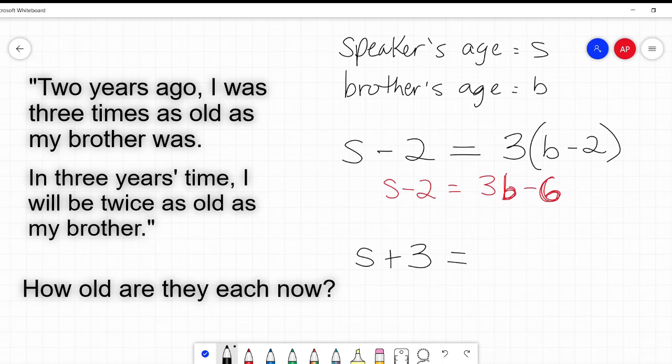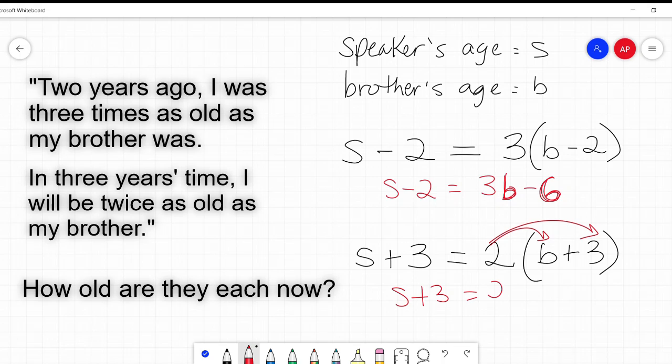In 3 years' time, I will be twice as old as my brother, 2 times as old as the brother. Again, is this B for the brother's age? Nope. We're talking about 3 years from now, so B plus 3. I'm going to distribute again, and I get S plus 3 equals 2B plus 6.